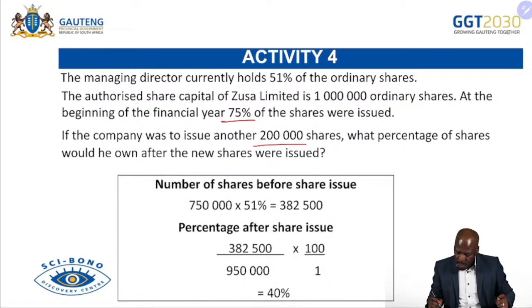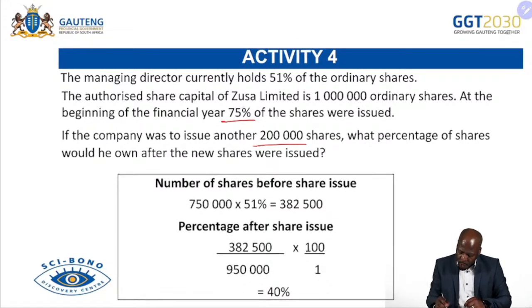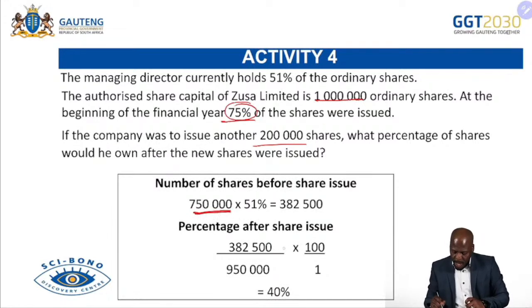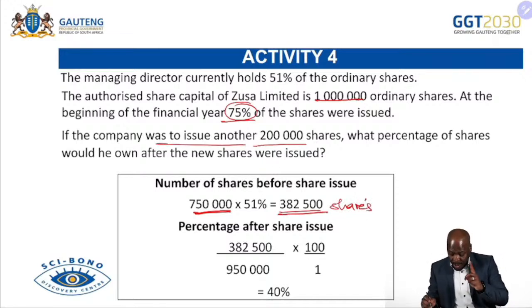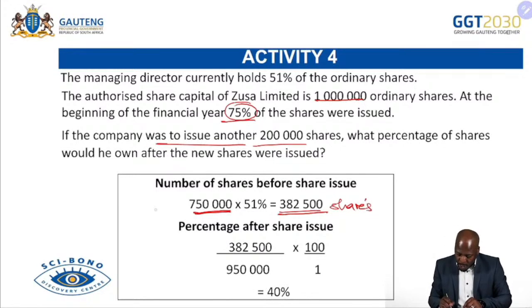Here it is. If we have issued 75% of the 1 million, that means we have 750,000 shares. And for one to be holding 51%, that means he was holding 382,500 shares. If the company was to issue another 200,000 shares, we increase that 750,000 by 200,000, and we will be having 950,000 shares.